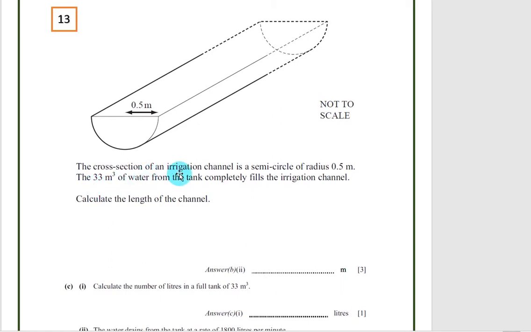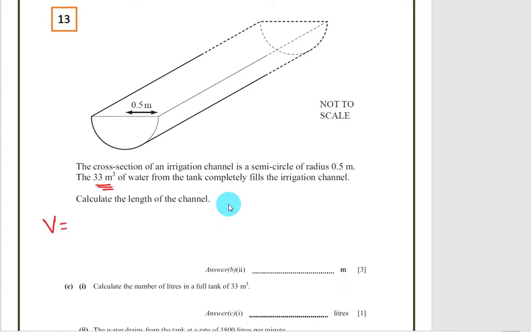The cross-section of an irrigation channel is a semicircle of radius 0.5. The 33 meter cube of water from the tank completely fills the irrigation channel. Calculate the length of the channel. We have the volume and we have the radius.